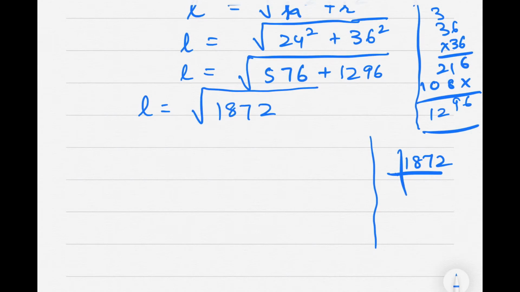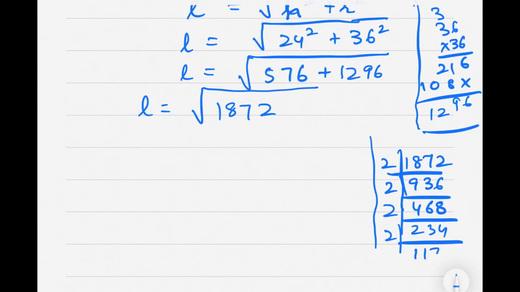We can do the division method, or because I can write it in decimal point, I can go for the division method or this method. So 2 9 2 3 6 and 2 4 6 and 8. Then again 2 2 3 4 2 1 1 7, and this is equal to 3.